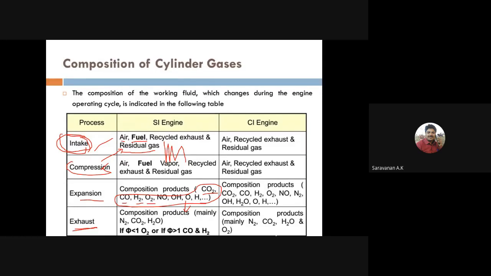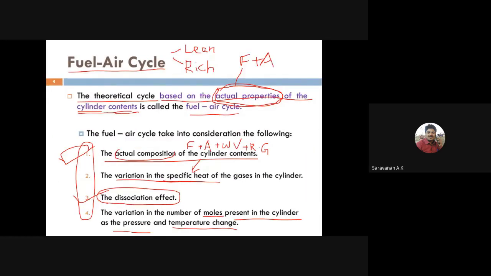So is it clear? The first factor, is it understood? The first one is the actual composition of the cylinder. What is in it?